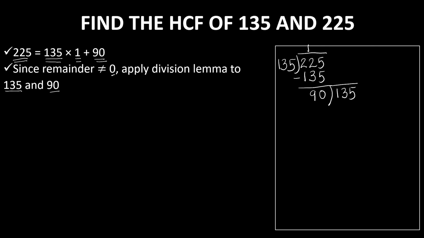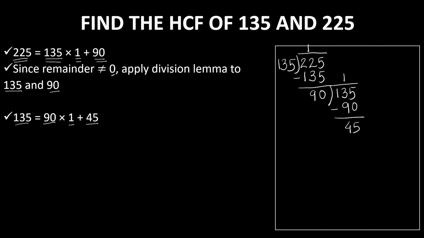We are considering the divisor of the previous step as our dividend here and the remainder of the previous step as our divisor. So multiplying 90 with 1 will give us 90, which is lesser than 135, and hence we are going to get a remainder of 45. So our next step would be 135 is equal to 90 into 1 plus 45.